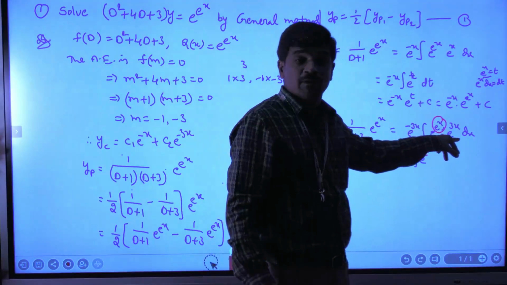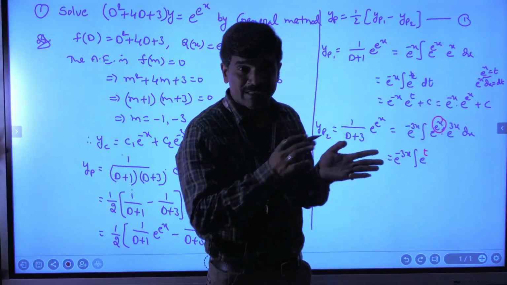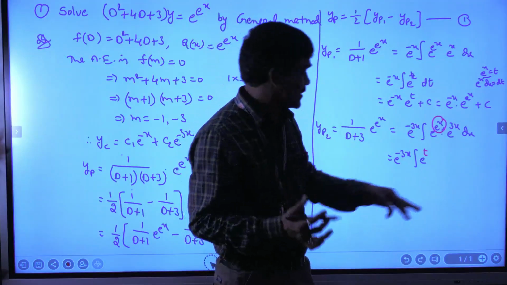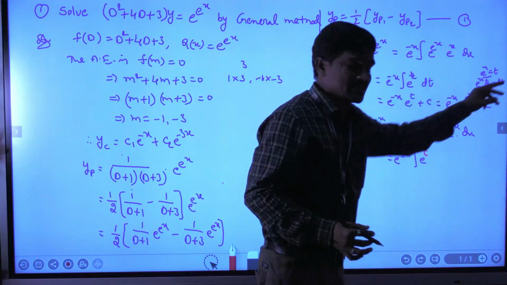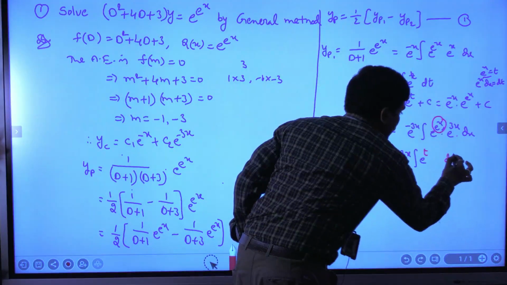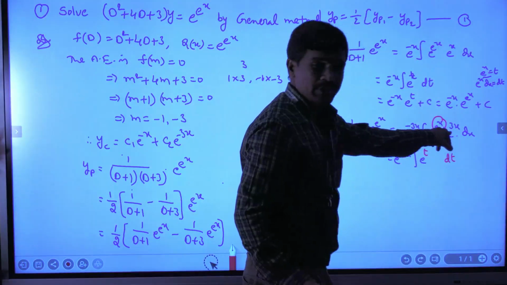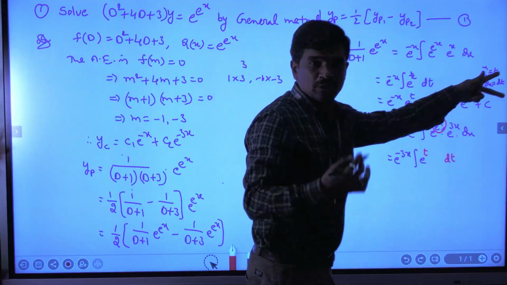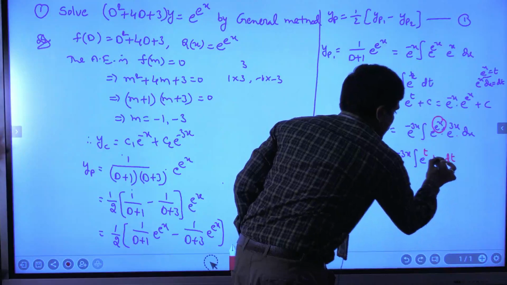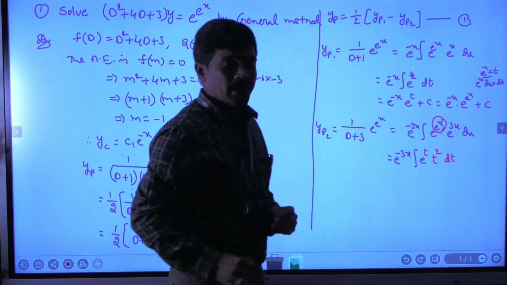Here we have e^(3x). Write e^(3x) as e^(2x) into e^x. So e^(2x), here e^x dx. e^x dx is dt. And e^(2x) means e^x is t, so e^(2x) is t square.